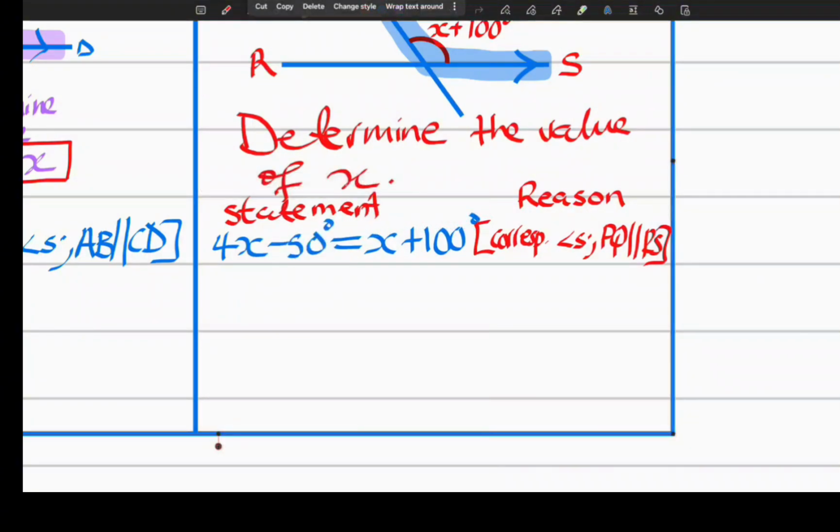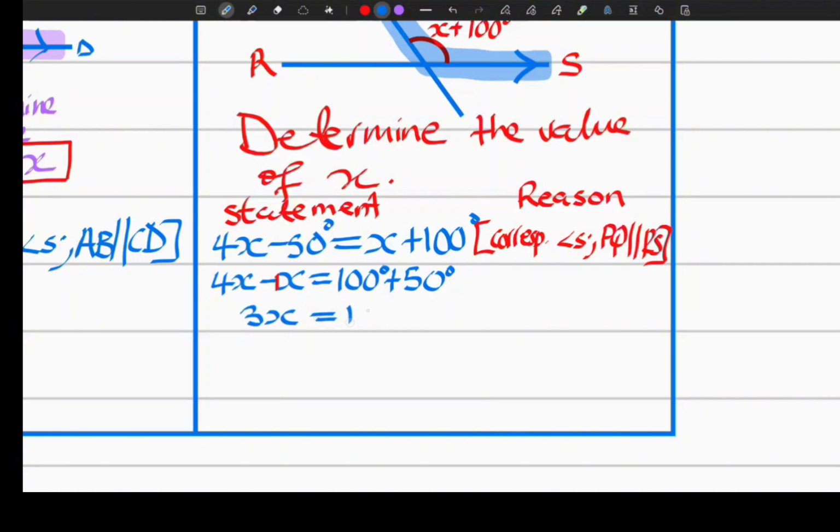The next step will therefore look like this. We have grouped or collected like terms. Variables on the left-hand side, constants on the right-hand side. 4x minus x is equivalent to 4 minus 1. Our next step towards isolating x entails dividing by 3.